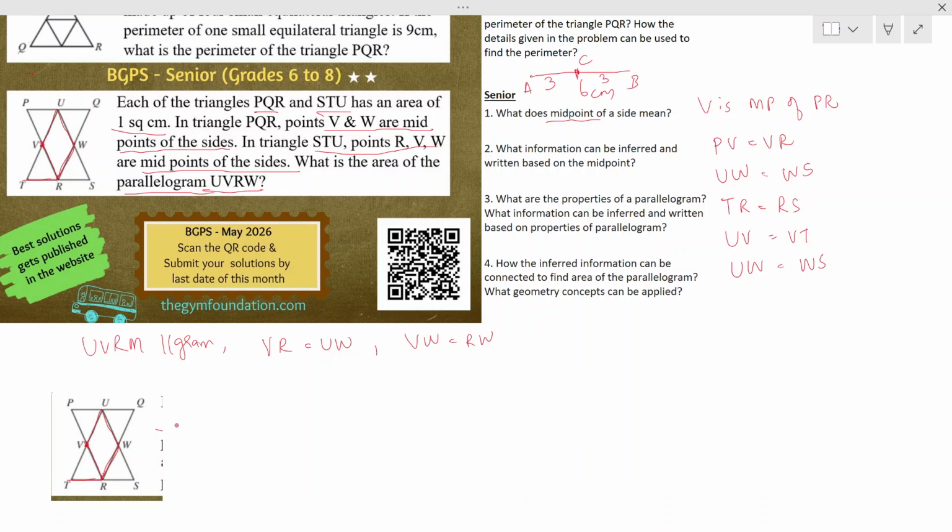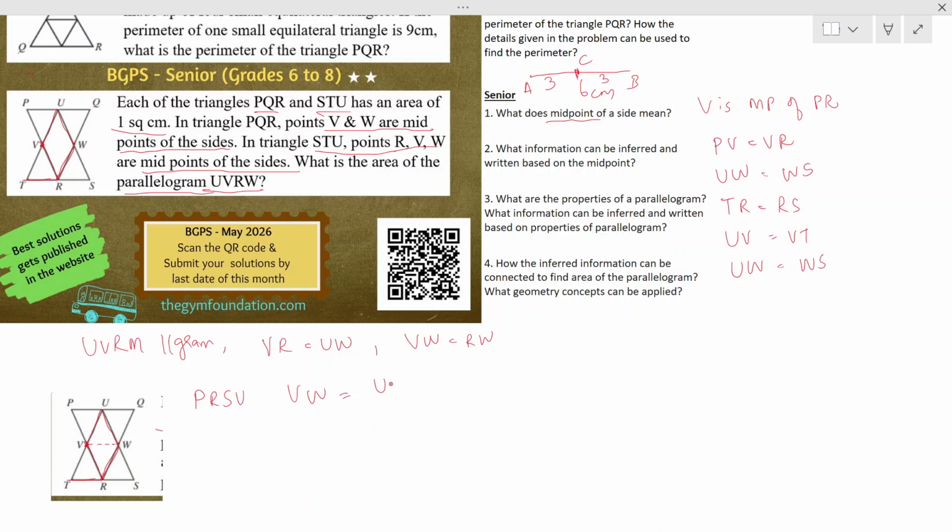And you see the bigger parallelogram PRSU. There are so many parallelograms that you can see here. Now, when you draw a diagonal in a parallelogram, what does the diagonal do? The diagonal VW divides the parallelogram into two congruent triangles.